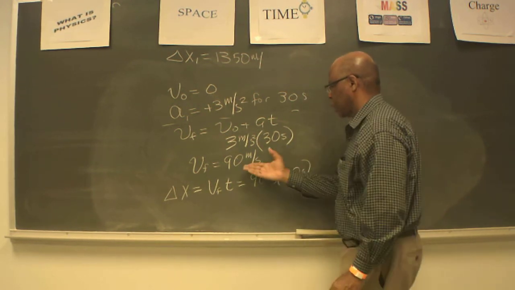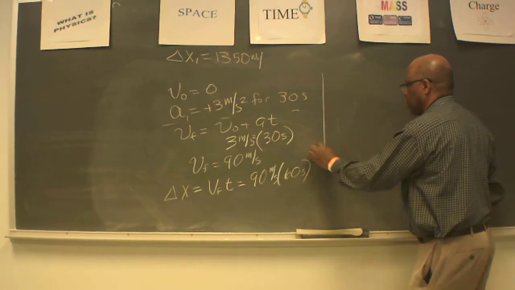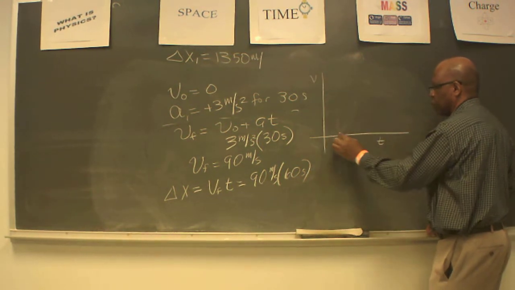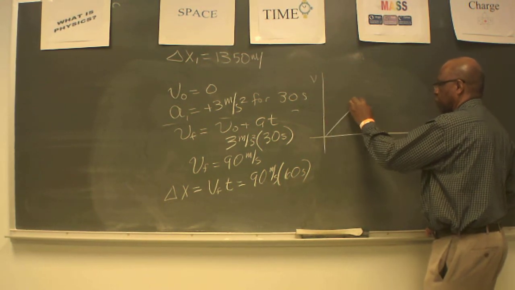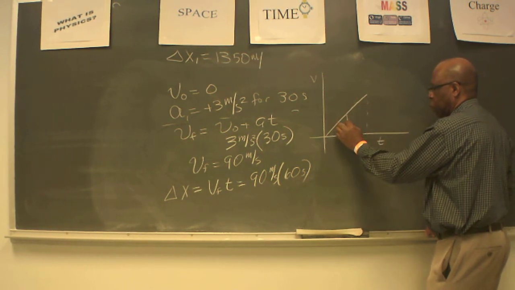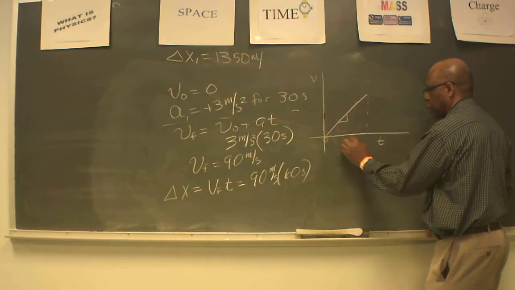Keep in mind, this is at a constant speed. So graphically, it looks something like this. If we were to plot speed as a function of time, for the first 30 seconds you accelerate at 3 meters per second squared. That's the slope of your velocity curve for 30 seconds.